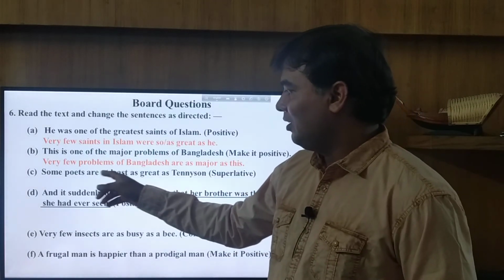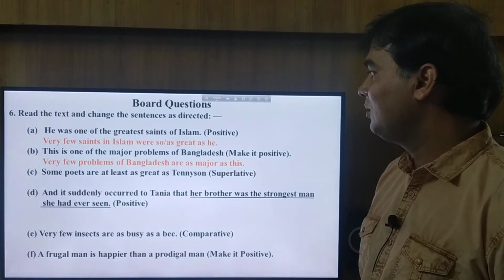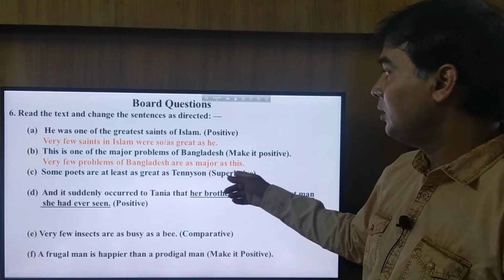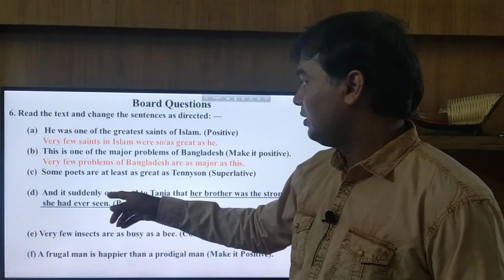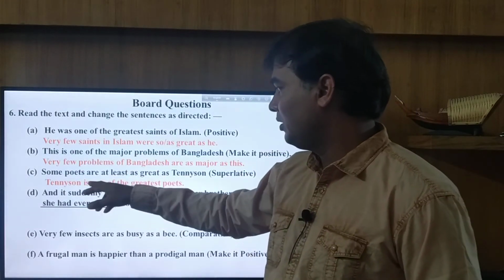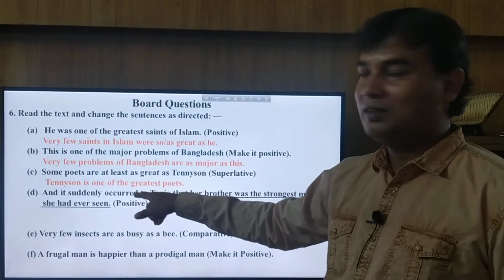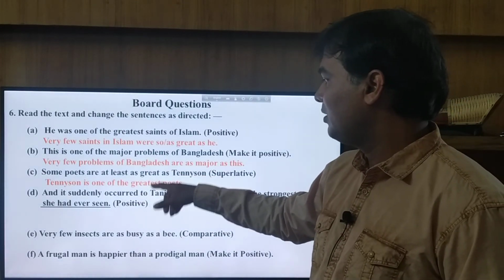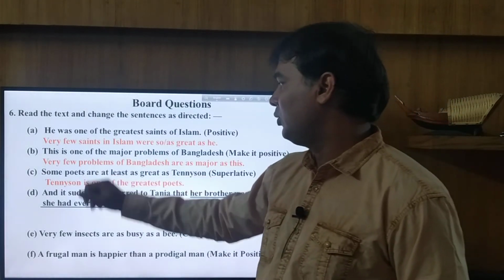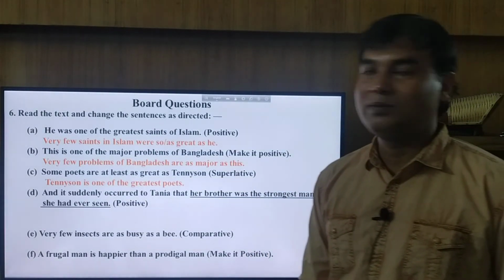So at least means one of the. So we can start this sentence with the superlative form. First of all we write the subject, Tennyson, then verb is, then we should write one of the, then the superlative form of great, greatest, and then poets. Tennyson is one of the greatest poets.